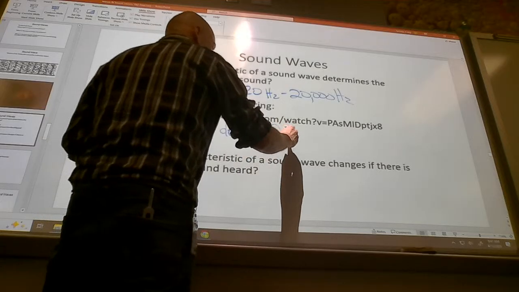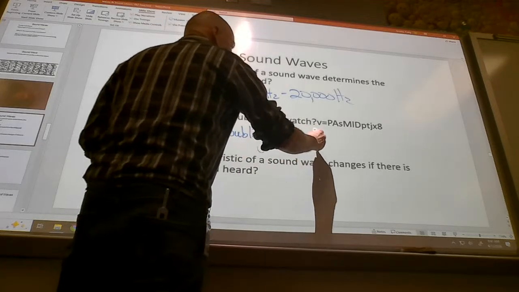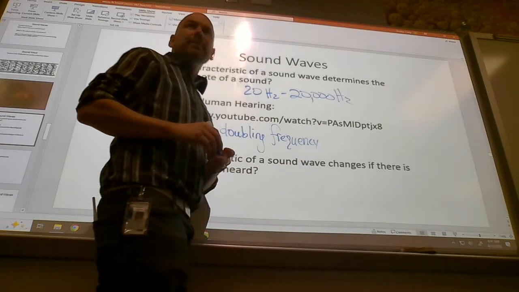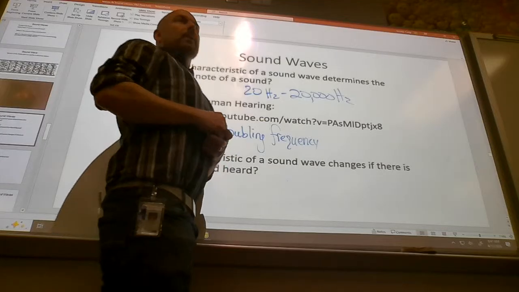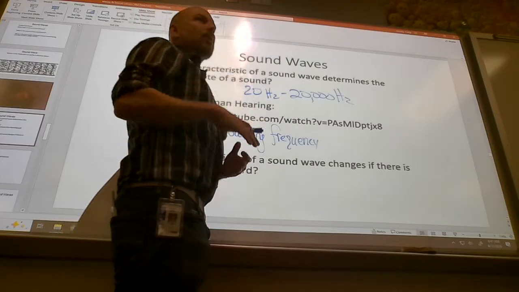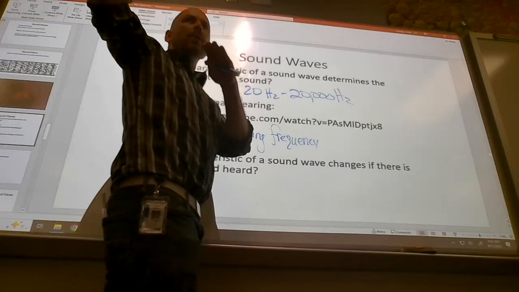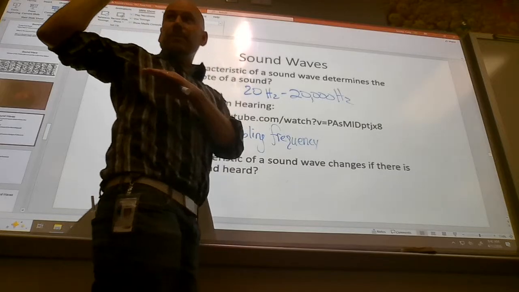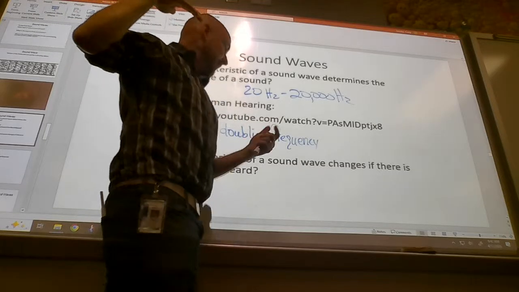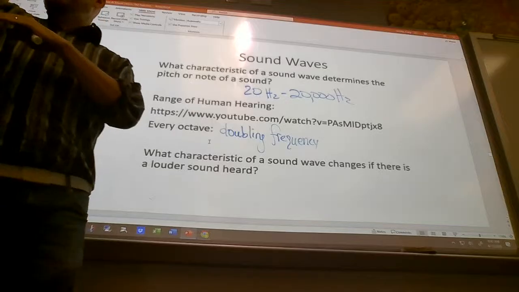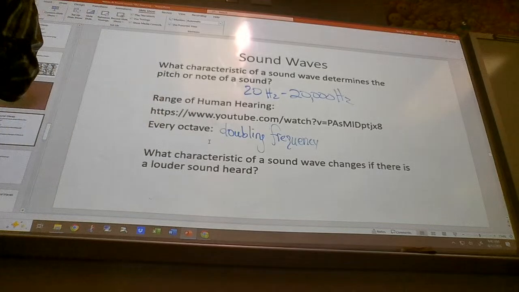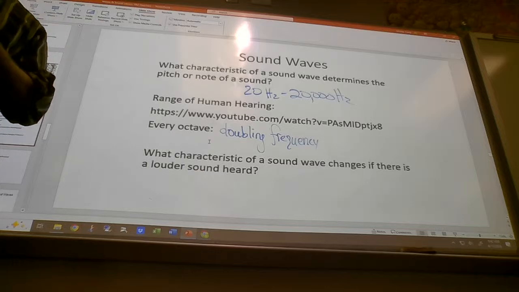Every octave you go up, you're doubling the frequency. So like the do, re, mi, fa, sol, la, ti, do. Same note, just 8 steps, hence the 8 steps in between there. Okay, I'm doubling my frequency.